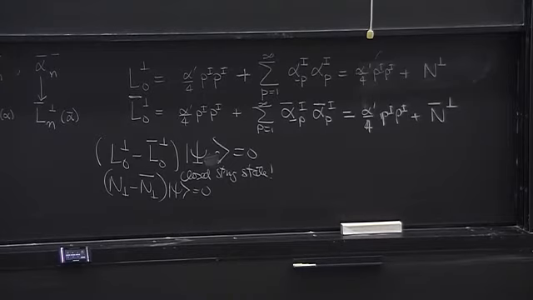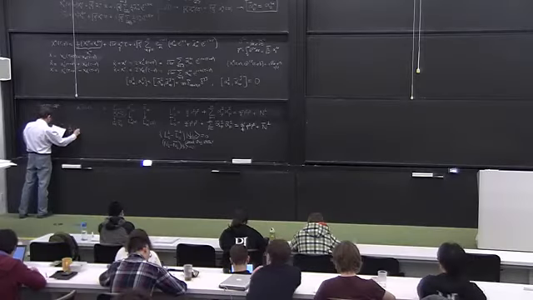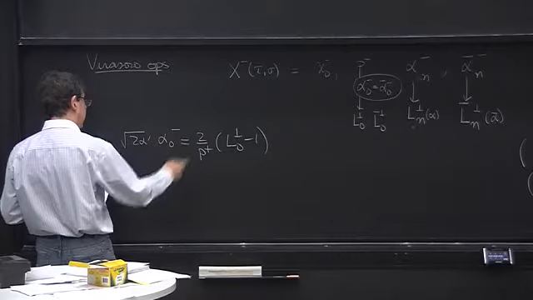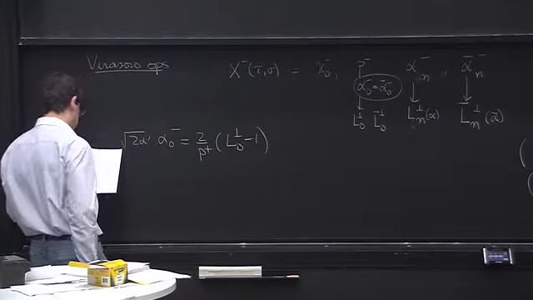So let me write it like this. Square root of 2 alpha prime alpha 0 minus is equal to 2 over p plus times L0 perp minus 1. And if you do the barred one, it's everything with bars.